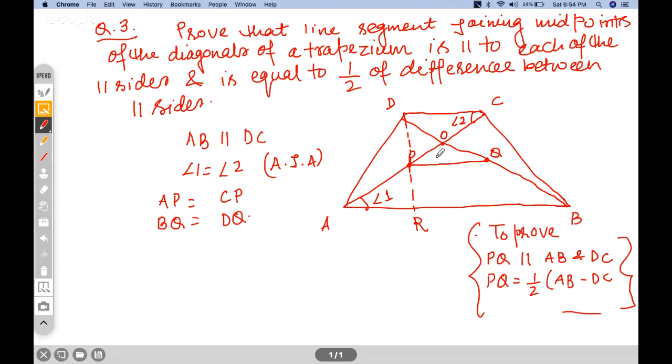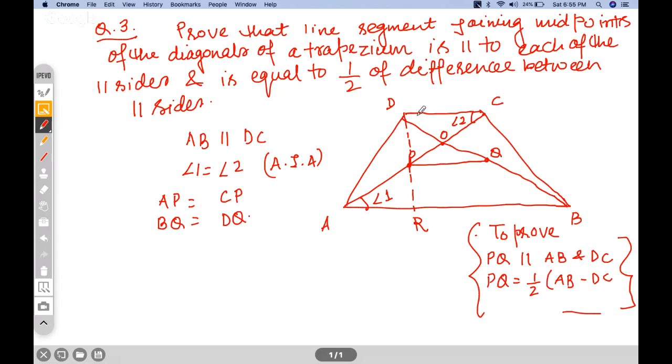What is the purpose of drawing this line through P? The purpose is that I want to take this triangle DRB.